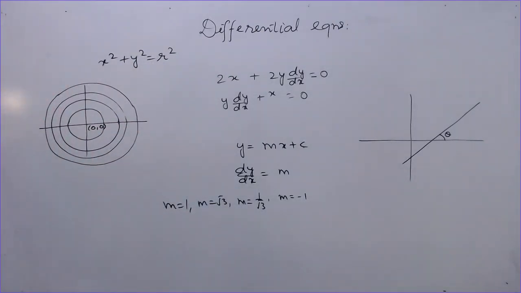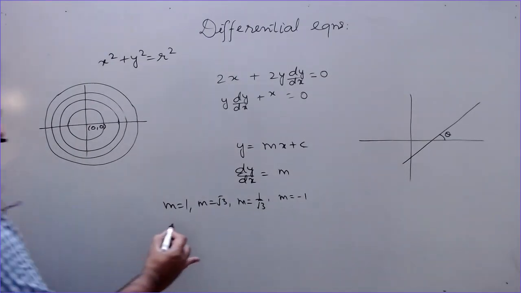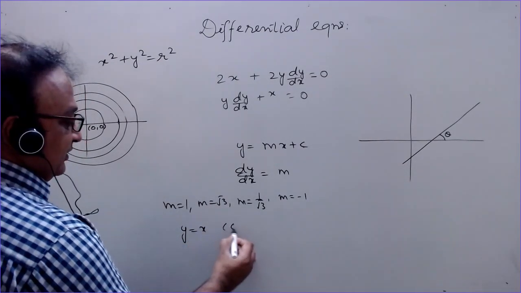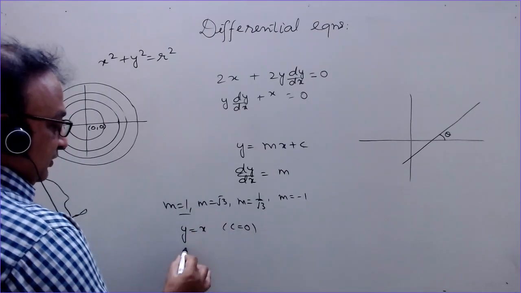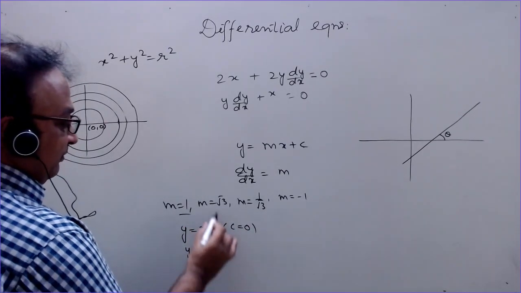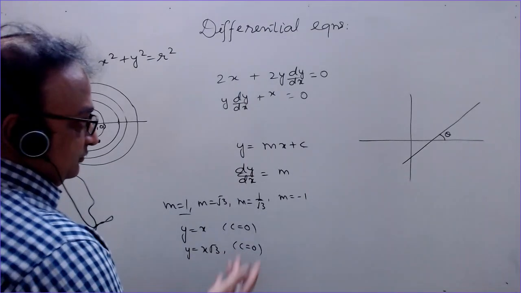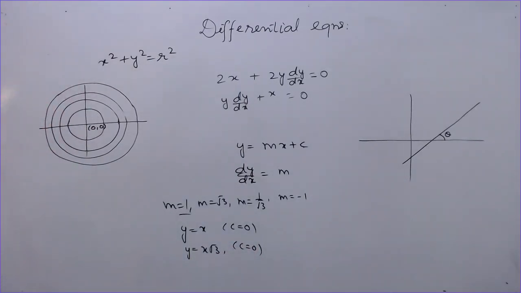And with different values of c, like the equation y is equal to x, here c is 0, m is 1. y equal to x root 3, m is root 3, c is 0. You can plot these lines and you will find that this equation represents a family of straight lines having the slope and intercept given in this form. So this is how we can represent a family of curves given by a straight line.